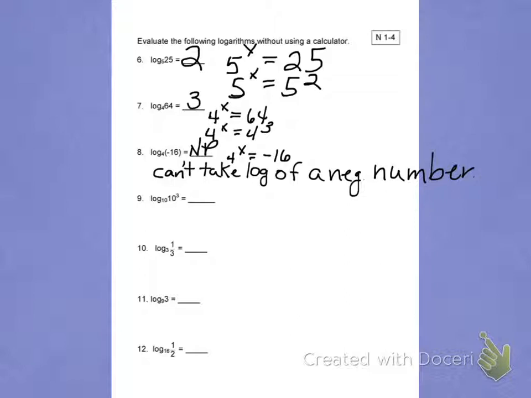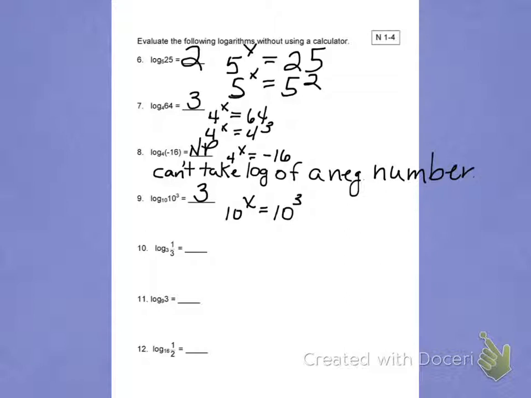Okay, log base 10. Now I'm going to set this up, but we're going to go back and notice something. We have 10 to the x. So 10 to the x, set it up as exponential, equals 10 cubed. And so x equals 3.